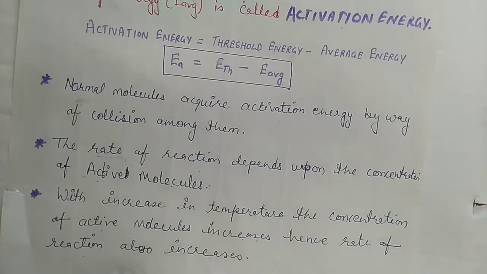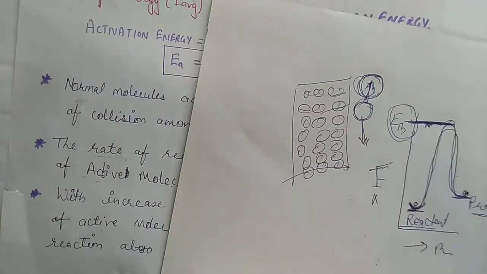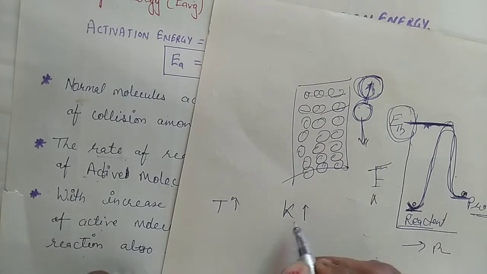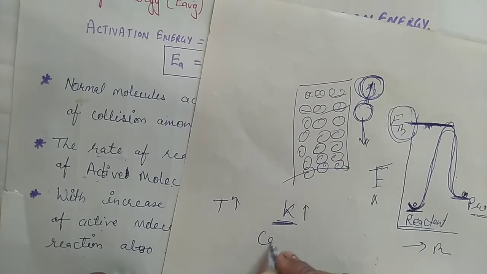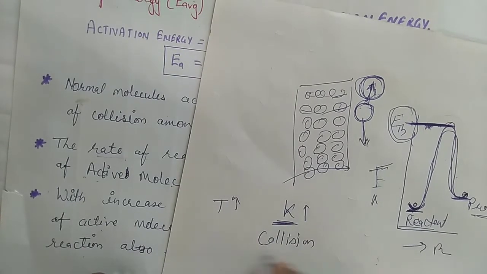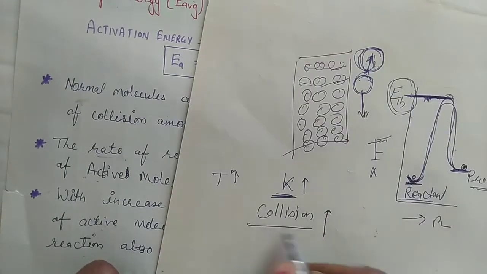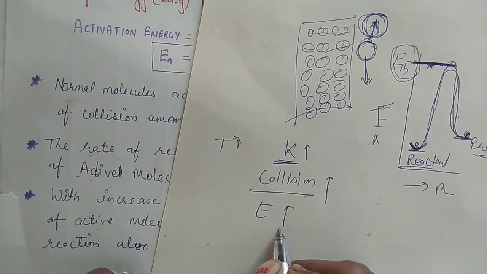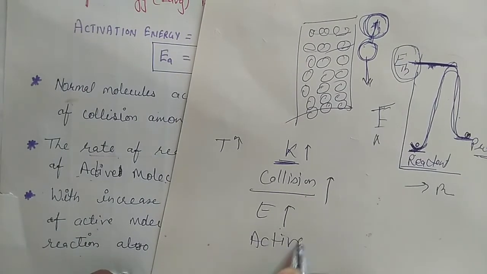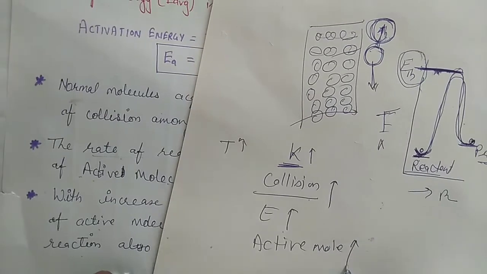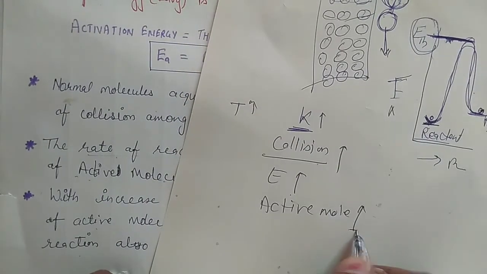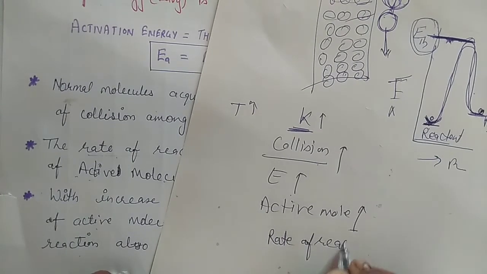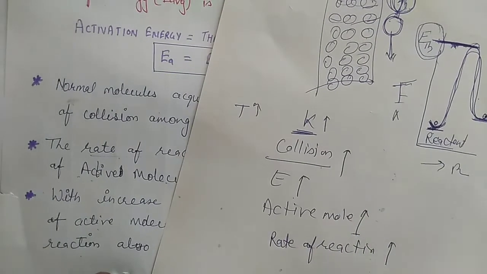Okay, as we know that as temperature increases, kinetic energy also increases. As kinetic energy increases, collisions between the reactant molecules increase. Collisions increase means energy increases, and energy increases means number of active molecules increases, and number of active molecules increases means rate of reaction also increases.